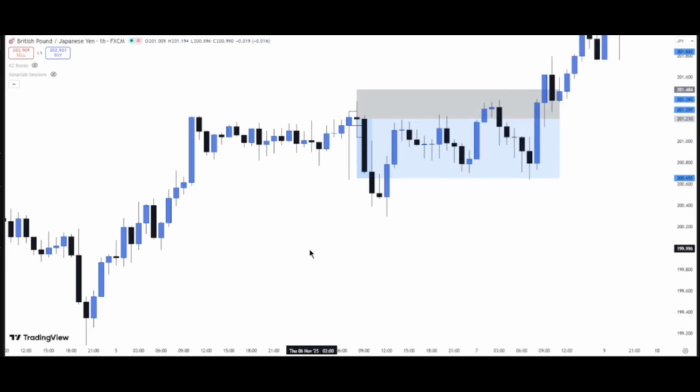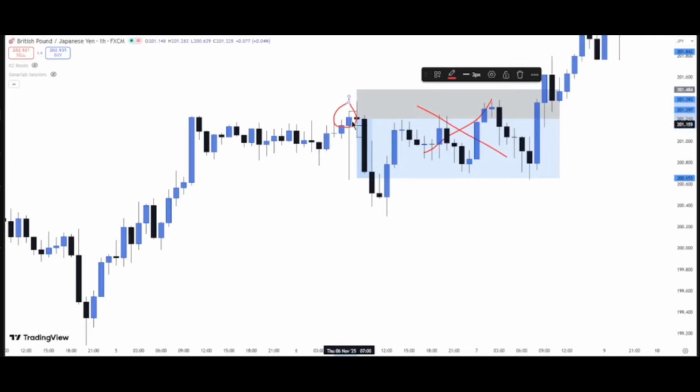Okay, so now let me tell you that this setup is invalid. Why? Take a look at candle number 1. I said candle number 1 has to be a good body size candle. Okay?